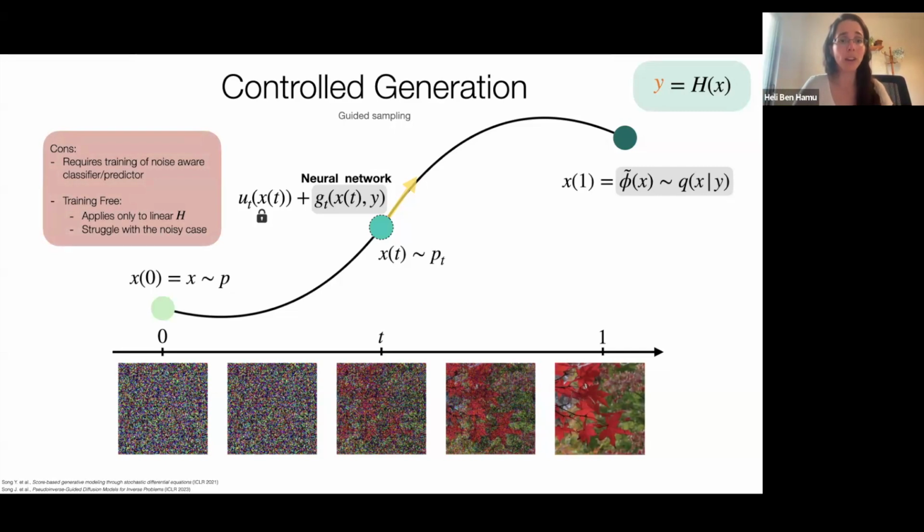So this g_t of X would have to make predictions for every timestep, so it would have to make predictions on noisy images. In other cases where we're using some g_t that does not require training, those cases usually know how to handle only the case of a linear forward operator. So our H would be linear, and they often struggle with the noisy case.